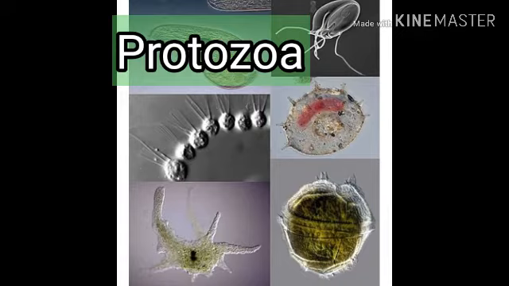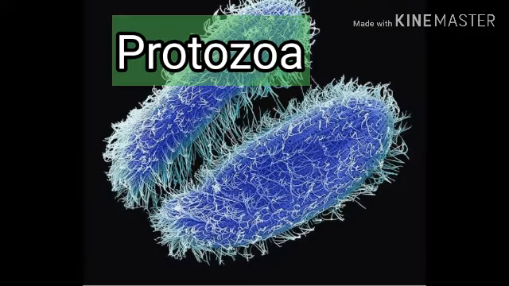The trophozoite is motile, where the protozoan feeds and divides, whereas the non-motile cyst stage is a dormant or survival stage for the protozoa.